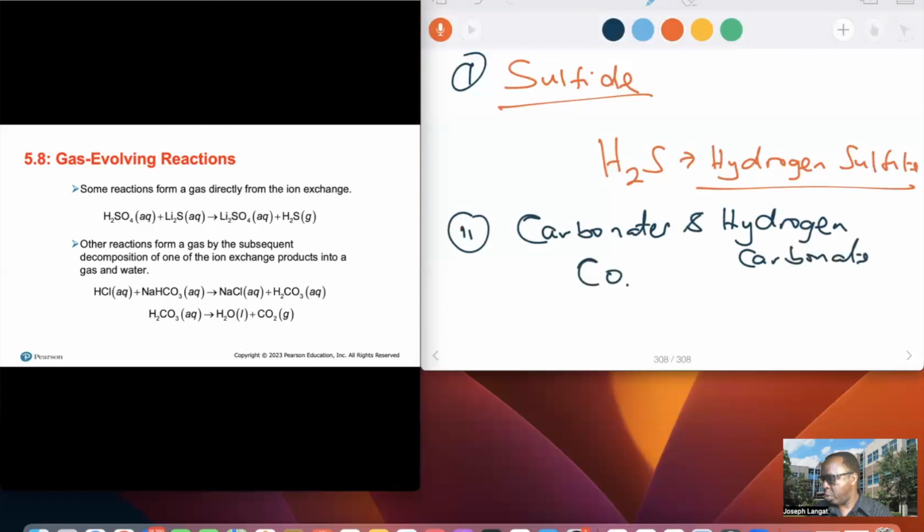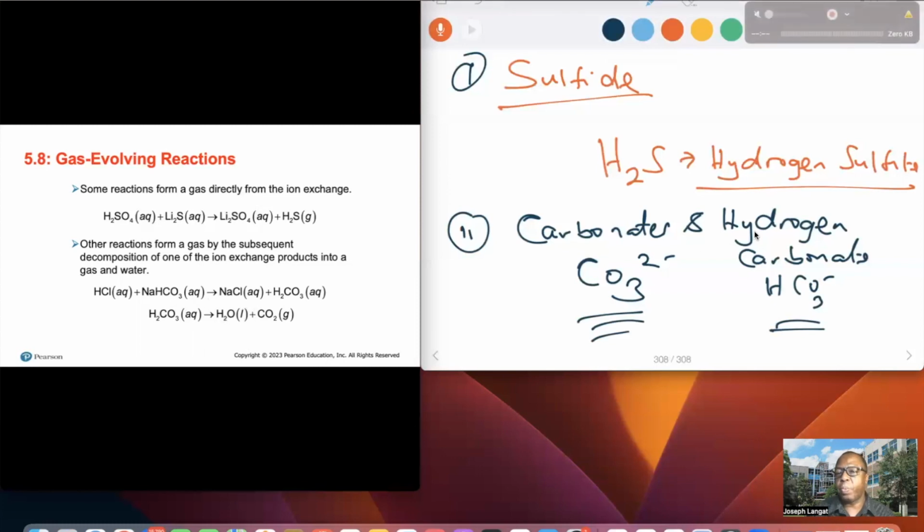Remember carbonate? This class of compounds produces CO2 gas and liquid H2O.